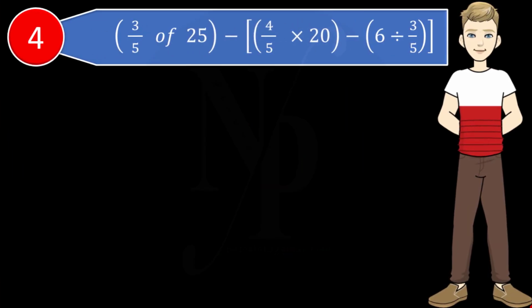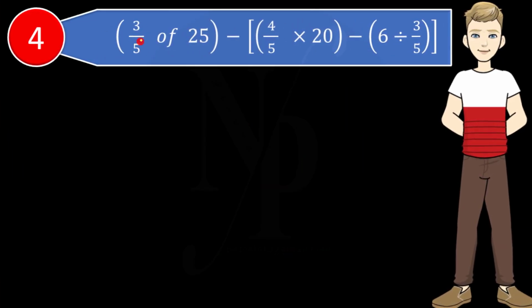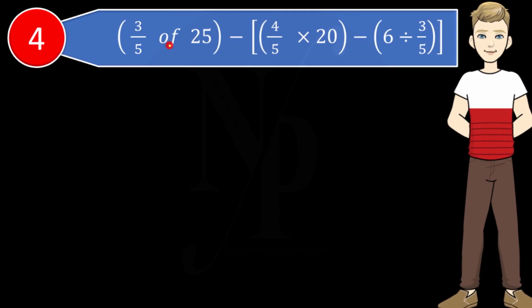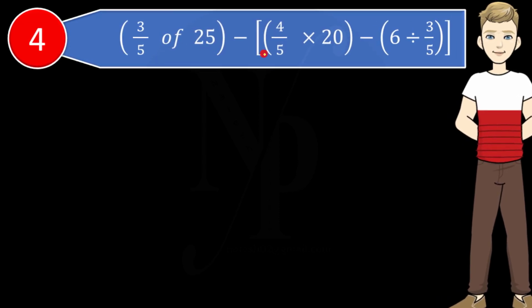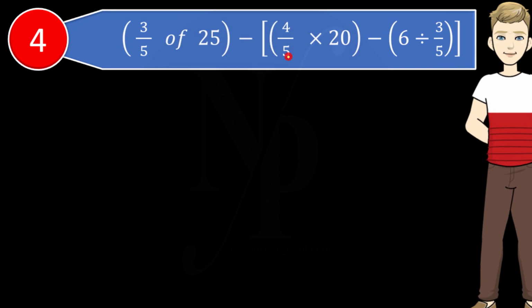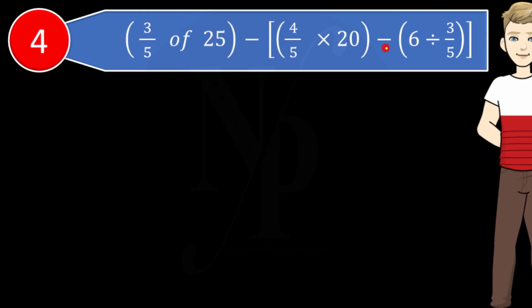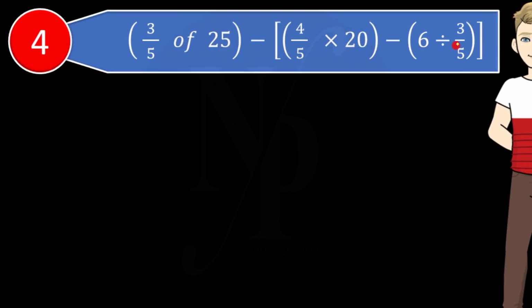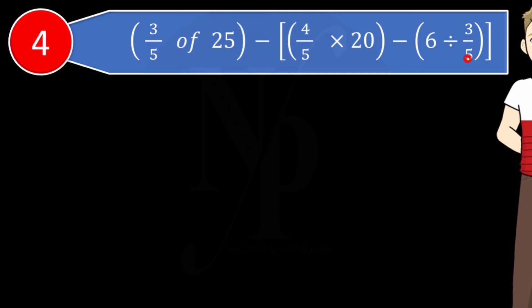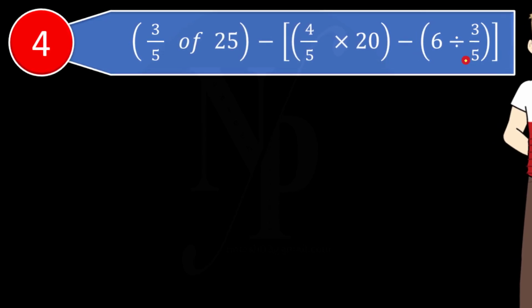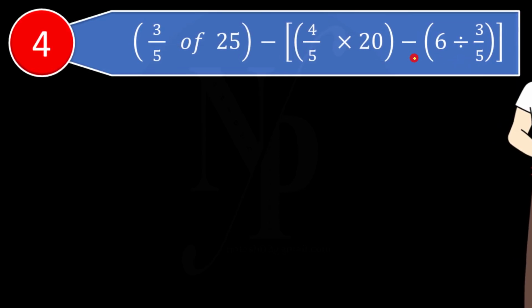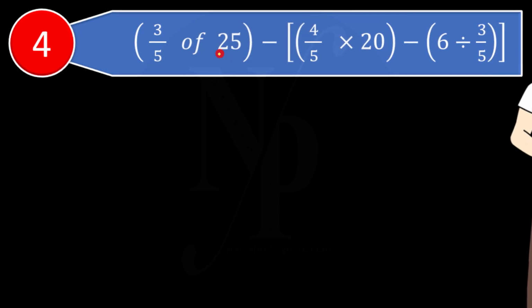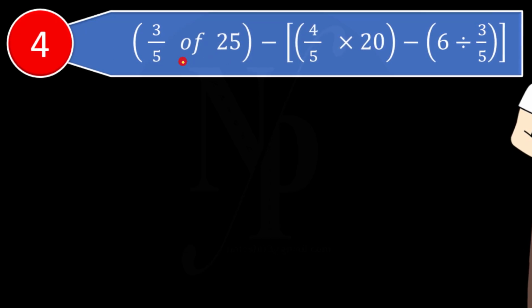Example number 4. Here we have 3 by 5 of 25 minus 4 by 5 into 20 minus 6 divided by 3 by 5. Here we need to simplify the terms within the brackets. Looking at the first pair of brackets, here we have of.